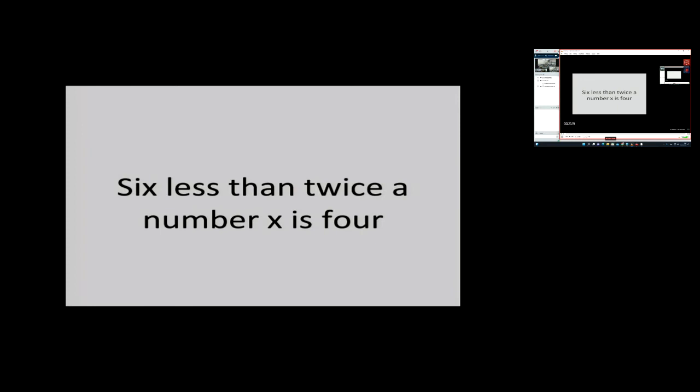Next. How about this one? Anyone from 1/5? 6 less than twice a number x is 4. The number is letter x, okay? 6 less than twice a number x is 4.